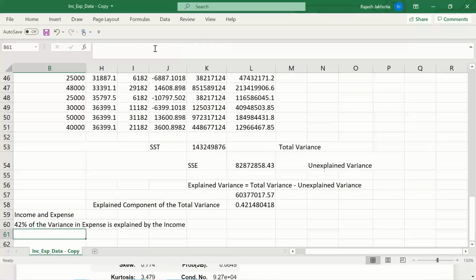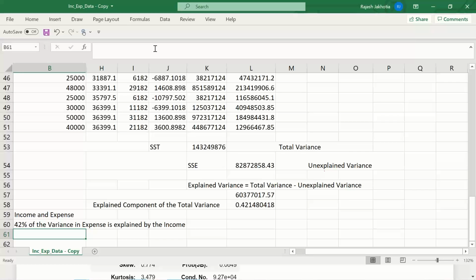What does this mean? See, when we have a dependent variable, we are trying to predict why some households are spending more, why some households are spending less. When we are trying to predict that, we are trying to find factors by which I can give reasons why someone is spending more and why someone is spending less. And one of the factors is income.